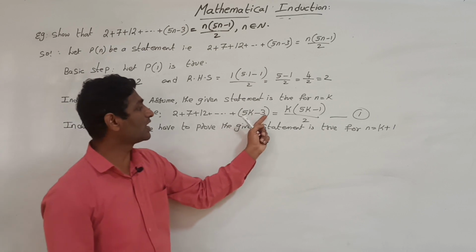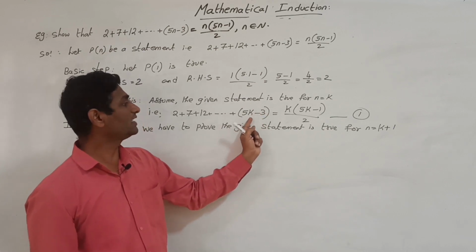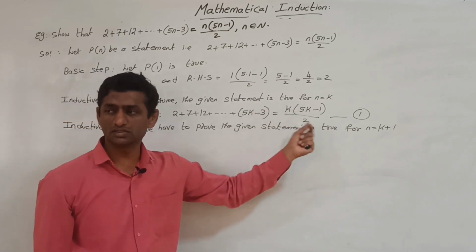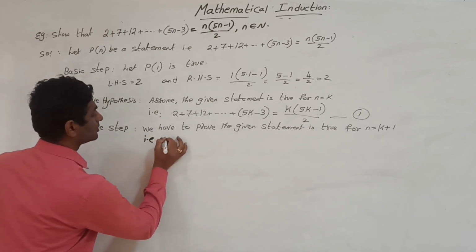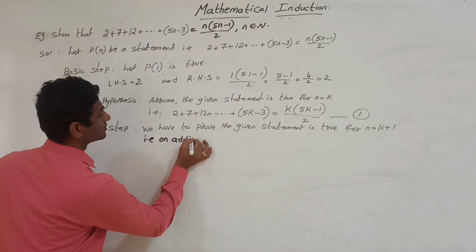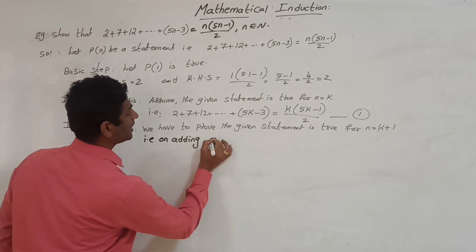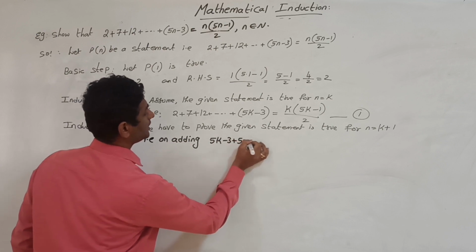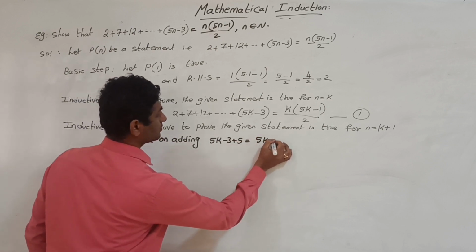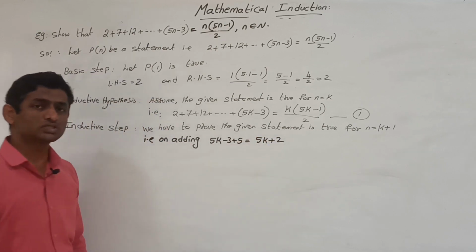Similarly, if you add 5 to 5k minus 3, you will get the next term. That is, on adding 5k minus 3 plus 5, that is 5k plus 2, on both sides.